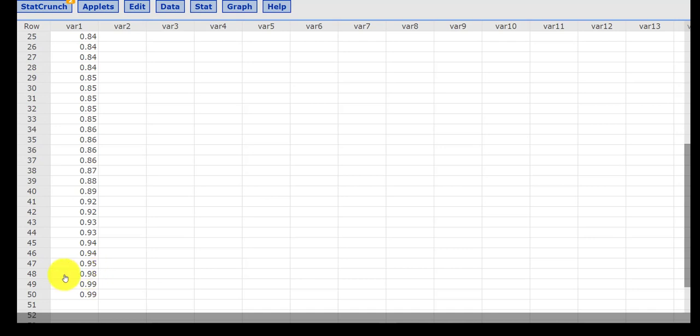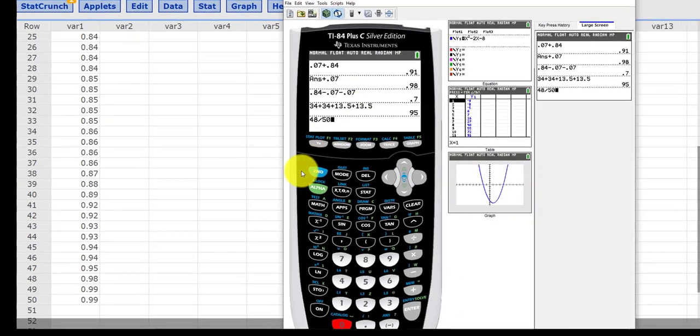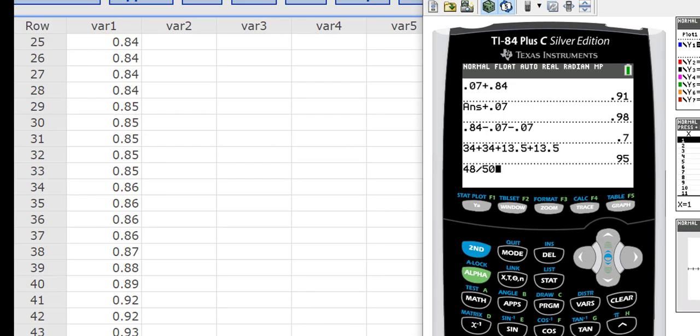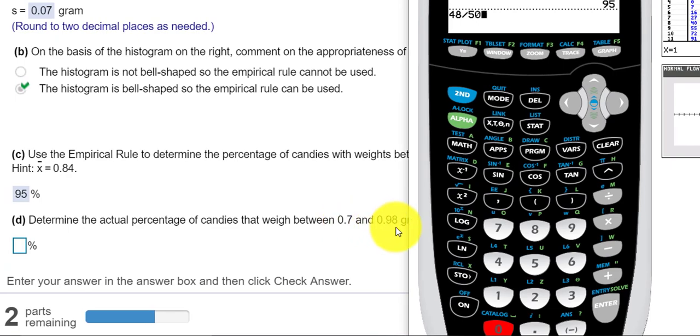So basically everything except these two. So that means if there's 50 candies, 48 out of 50, 48 of my candies out of 50 are 0.98 or lower. And just make sure that's what they're asking. Yeah, fall between 0.7 and 0.98.